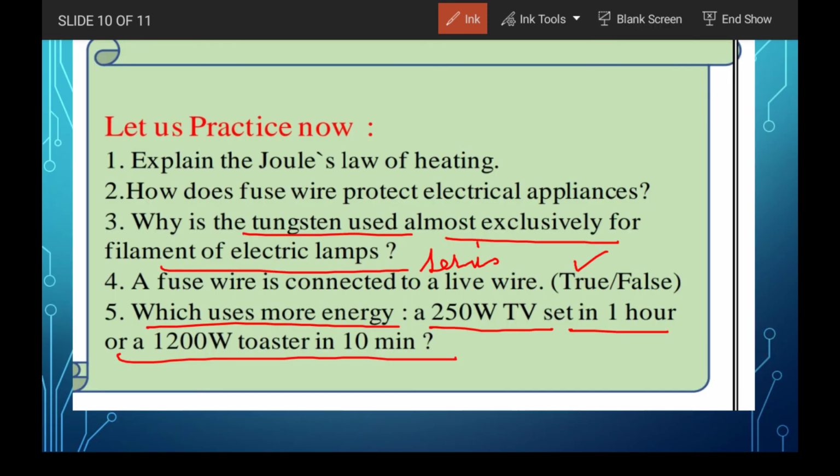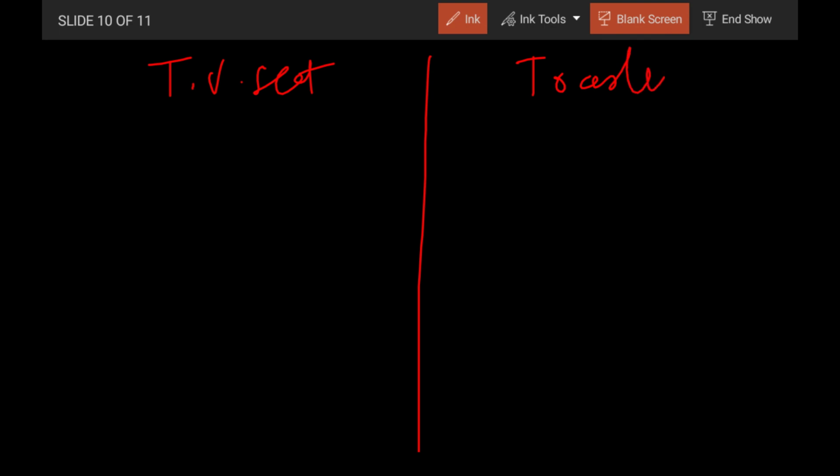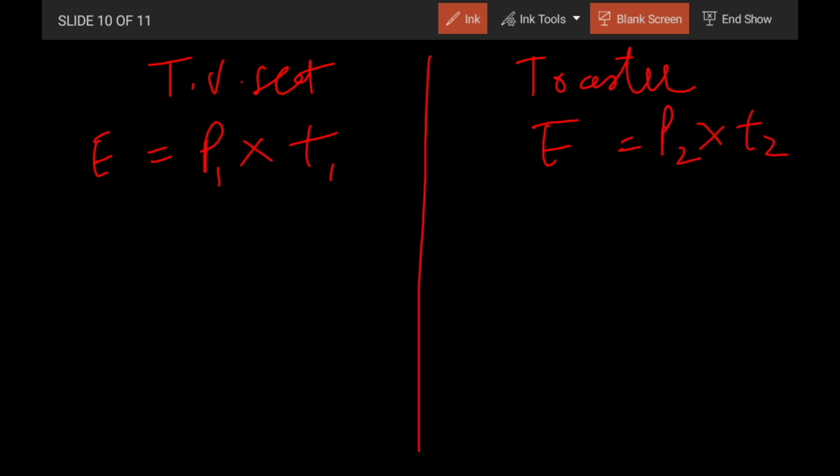Now we will calculate for the TV set and for the toaster. The formula is the same: E, or H, is equal to P into T. Here E is equal to P1 into T1 and E is equal to P2 into T2.